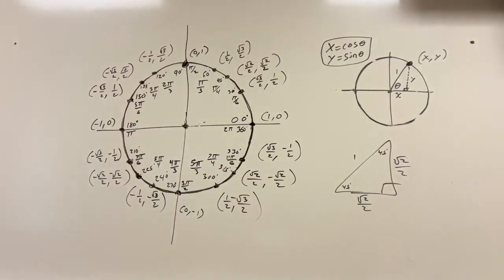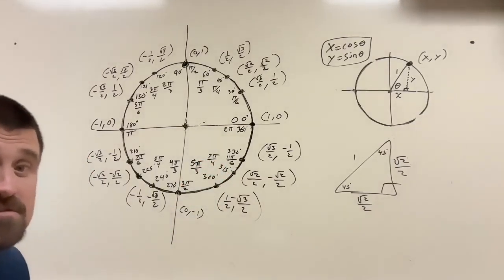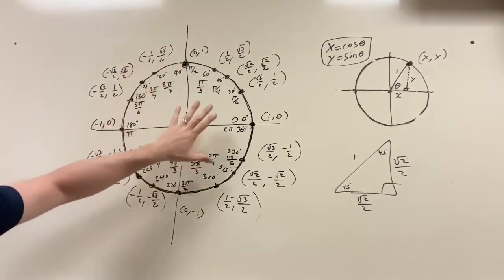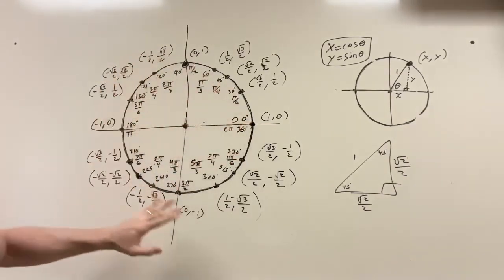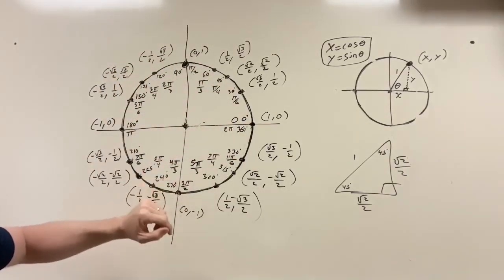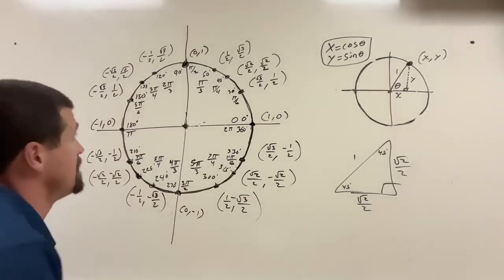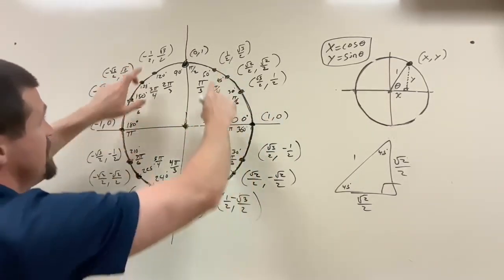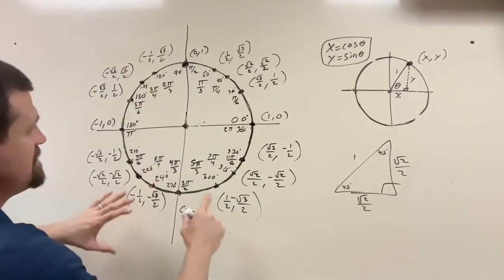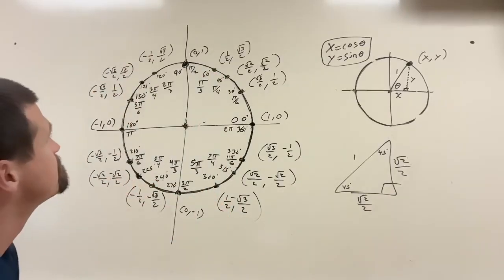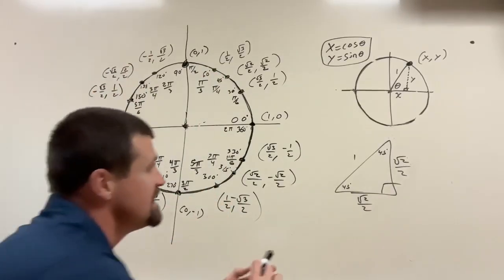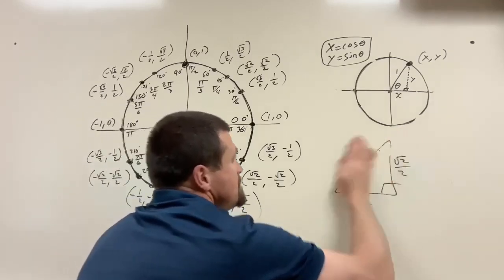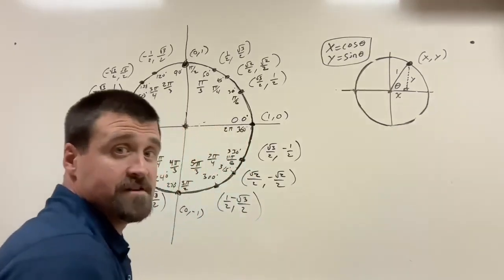So those are the 16 angles measured in degrees, measured in radians with their coordinate points. So you see all the patterns. The biggest thing to focus on is remember that we have 30-degree angles, 45-degree angles, and 60-degree angles that all have the same quadrants. Okay, and then we can use this at any point to find any of our trig functions.